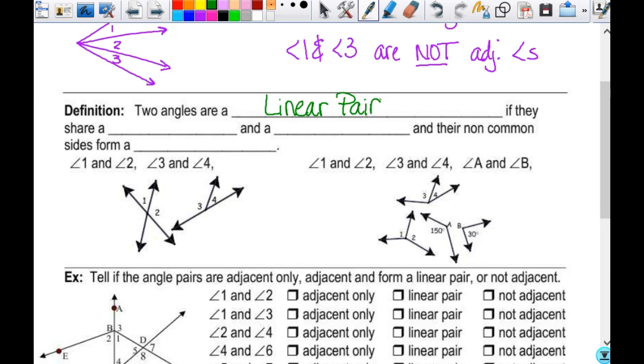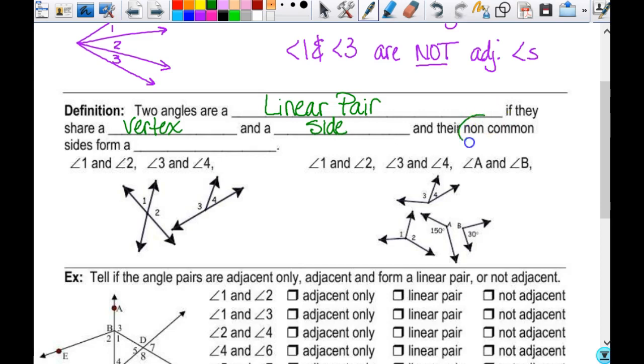Linear pair has to share a vertex, right? And a side. So if they share a vertex and a side, what do you already know that they are? Adjacent. So linear pair is always adjacent. They're always stuck together. Okay? So they share a vertex and a side, which instead we could just say they are adjacent angles.